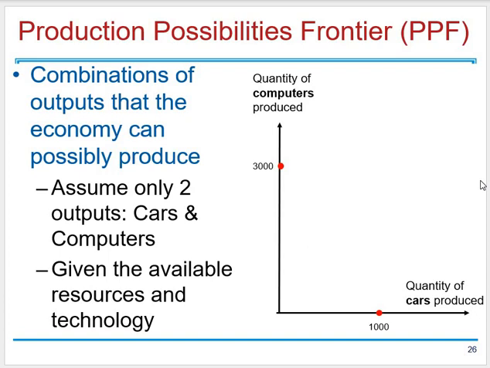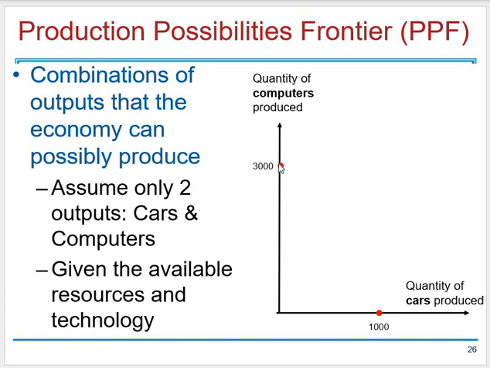So one combination, one possibility, is already available now as an extreme case. When we put all the resources in computer production, we have 3,000 computers and 0 cars. So this refers to a point along the vertical axis. We put this 3,000 here.